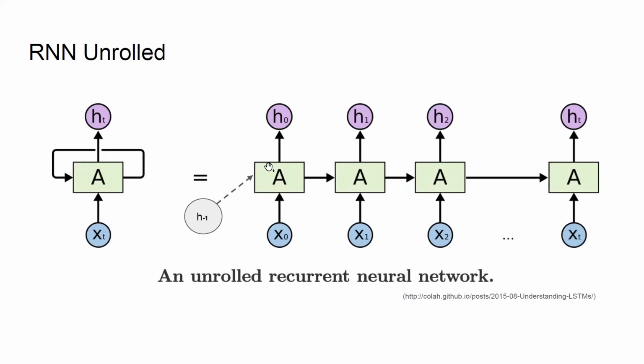That is, parameters corresponding to column x0 are the same as the parameters corresponding to column x1, and so on. And the intermediate output produced from the x0 column, that is at time step 0, will also be passed as input to the x1 column, that is at time step 1.